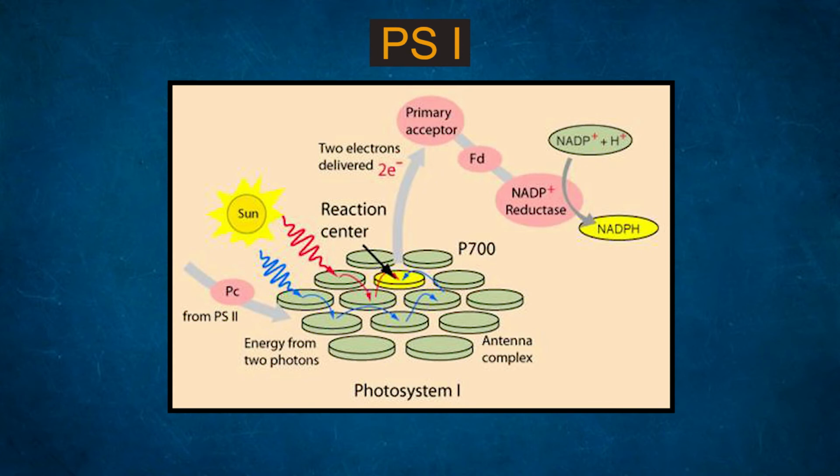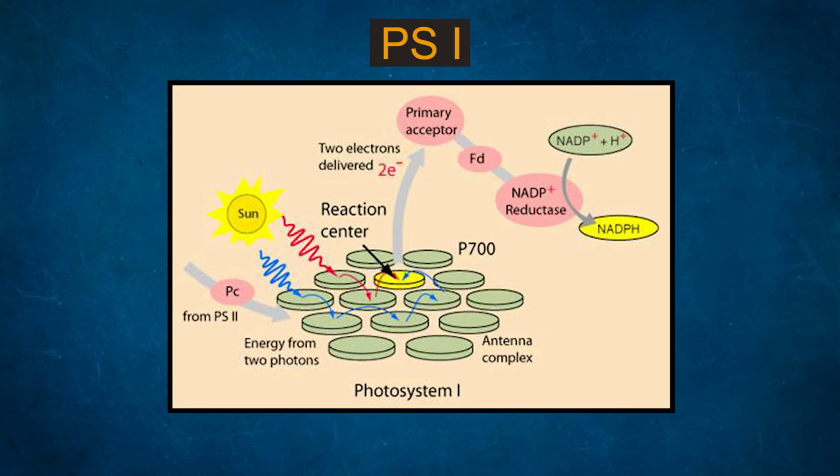In photosystem 1, the special pair of chlorophyll a molecules present in the reaction center is P700. Why 700? Because these chlorophyll a molecules are able to absorb a photon of light at a wavelength of 700 nanometers, that is far red light.